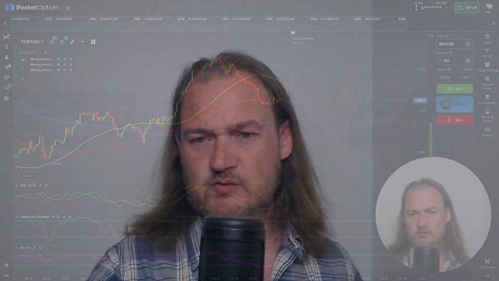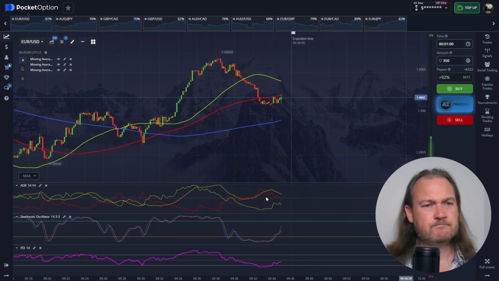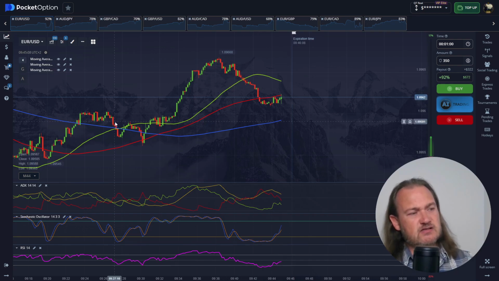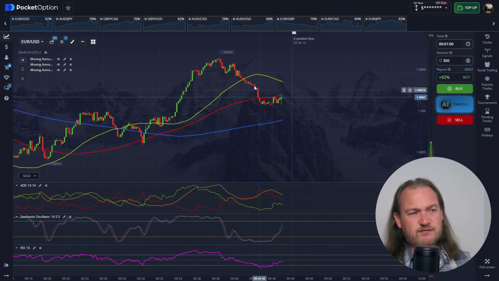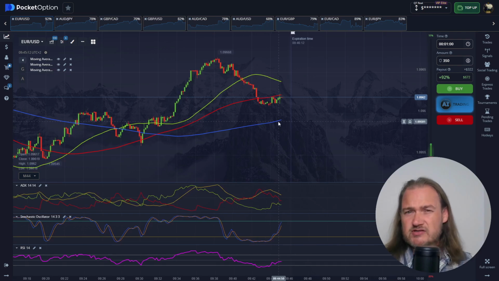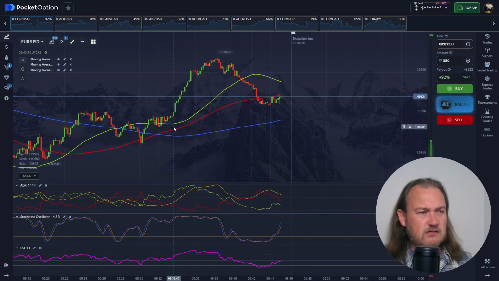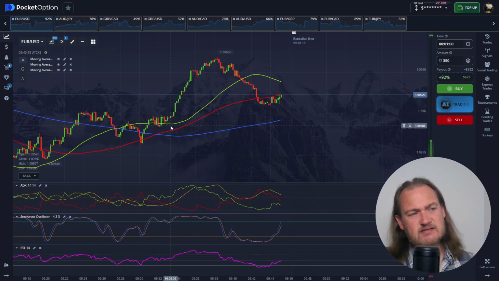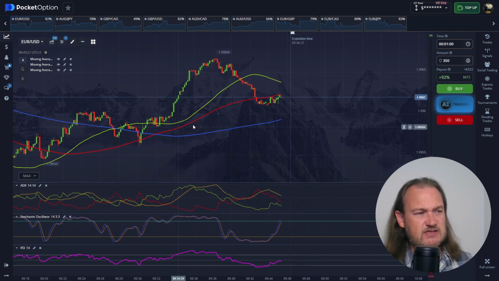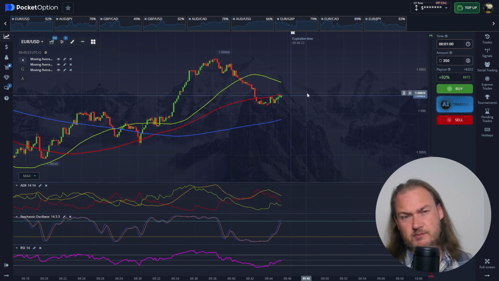Okay, guys, we're going to head over to the platform. There we go. On my chart, I've got three moving averages. These are 50, 100, and 200 moving averages. They're simple averages. I'm using these in a combination of two ways. One will be to get an idea of where price is going.